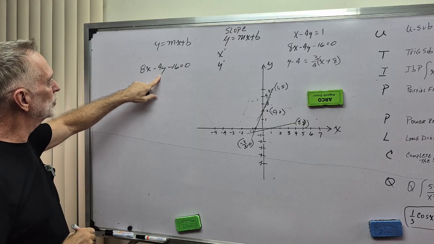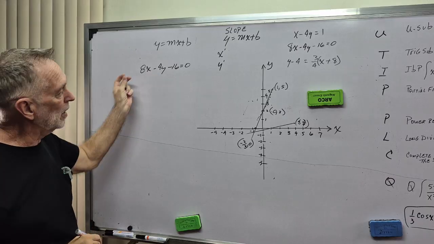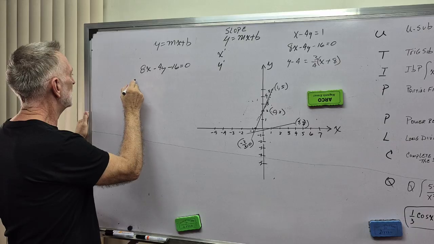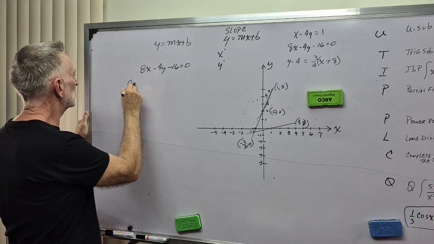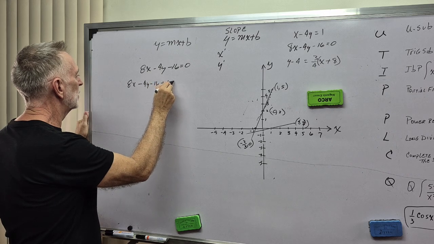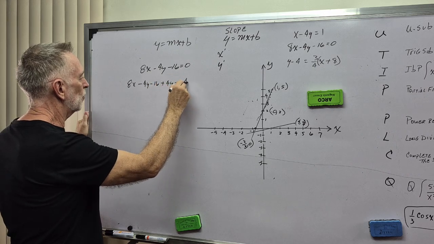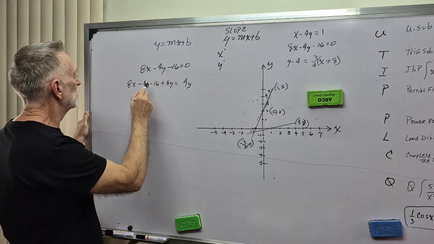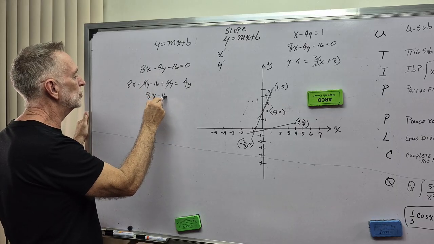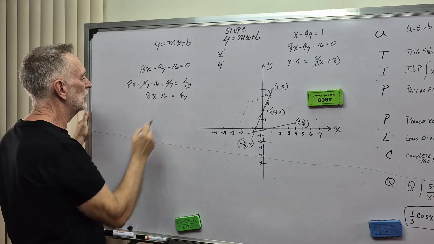Well, we had a similar situation. I've got a negative 4y. I'm going to add 4y. So 8x minus 4y minus 16 plus 4y. 0 plus 4y is 4y. So this one and that one cancel. 8x minus 16 equals 4y.